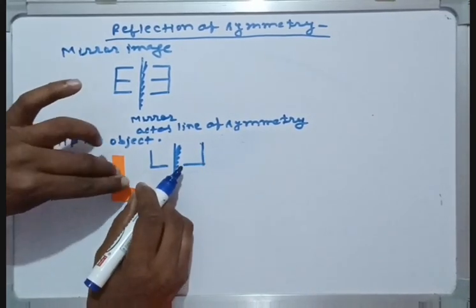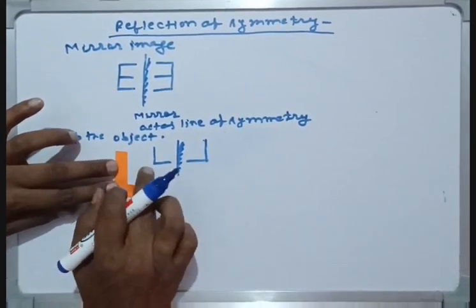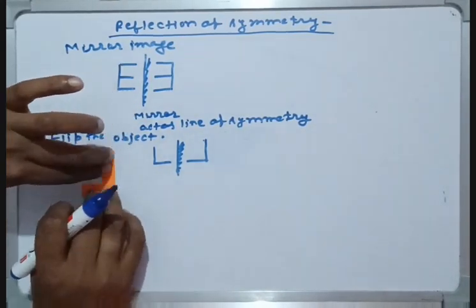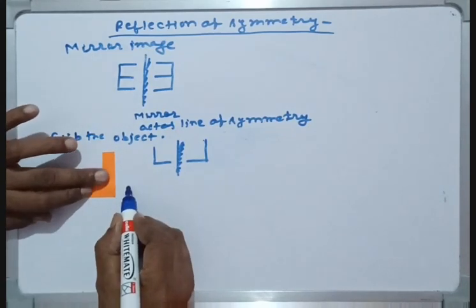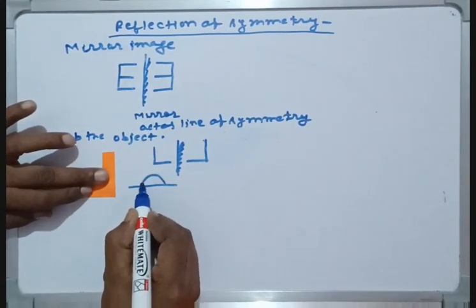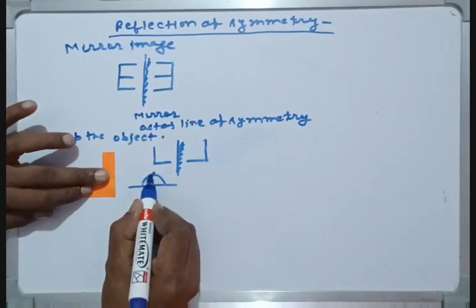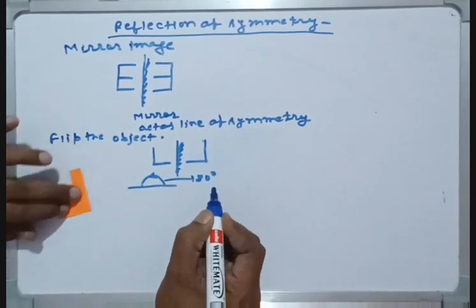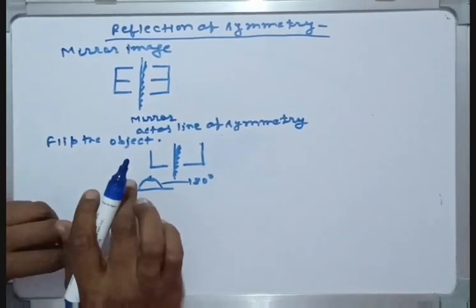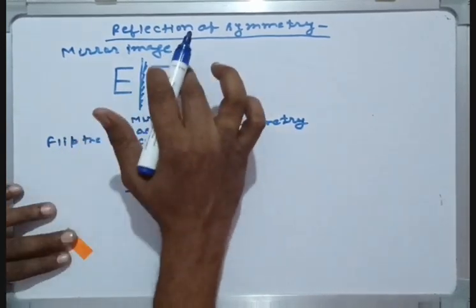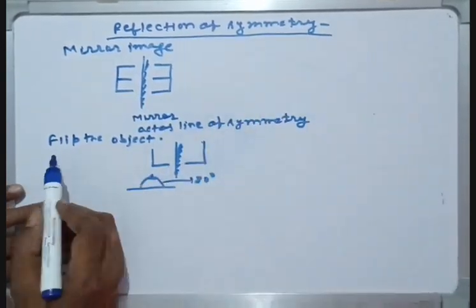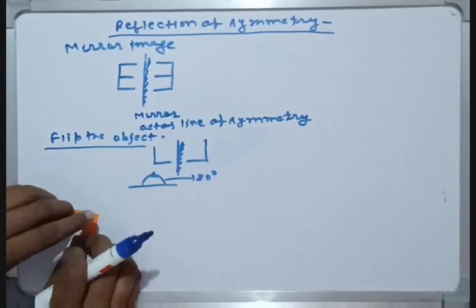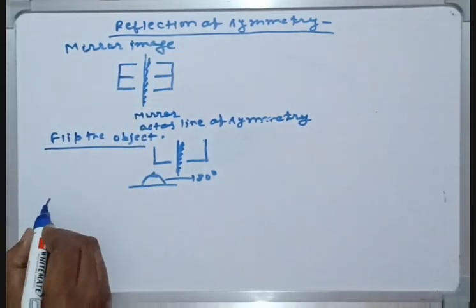So what happens when we put L in front of a mirror? It flips like this. This one is rotated, so this angle is 180 degrees. In an examination somebody may ask what is the other name of reflection of symmetry, so you can say flip the object.